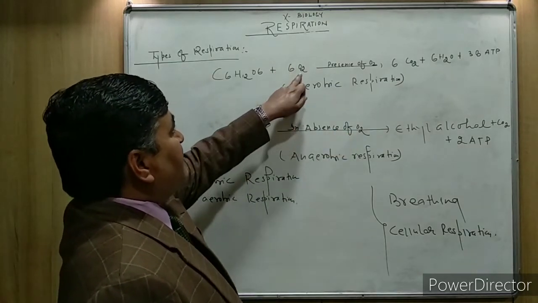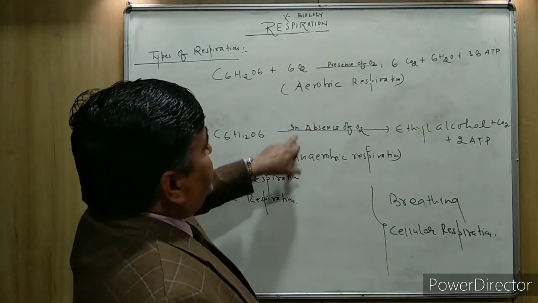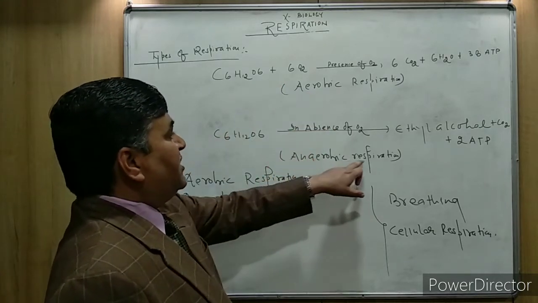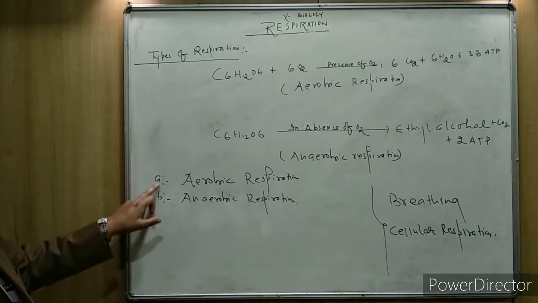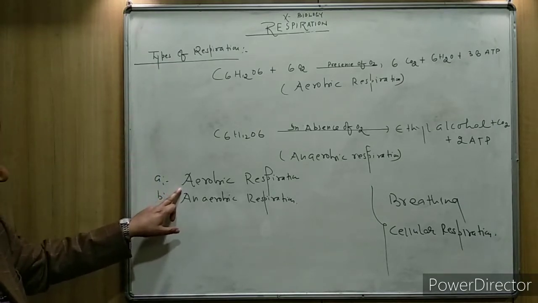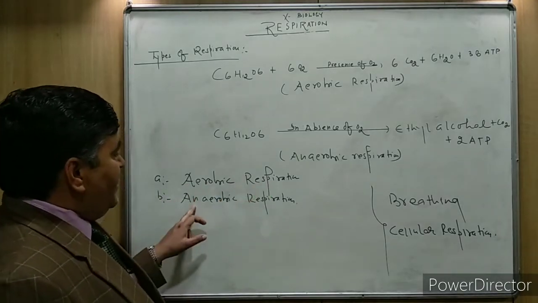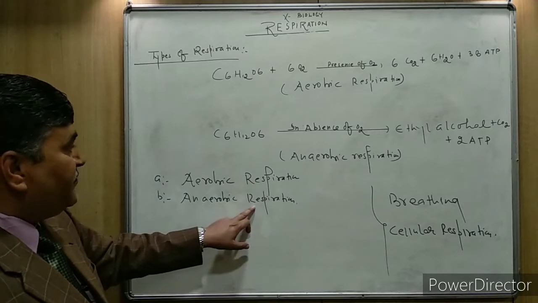You can see here, I have written two equations. The first one is for aerobic respiration and the second one is for anaerobic respiration. Respiration is of mainly two types, aerobic respiration and anaerobic respiration.